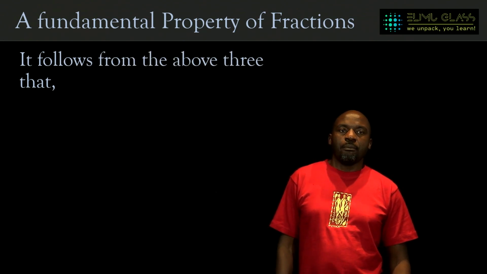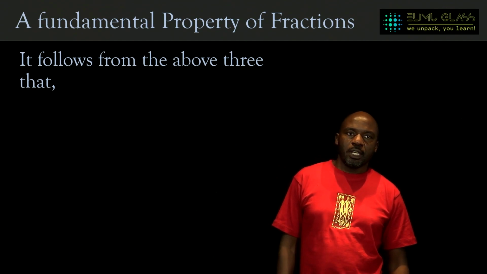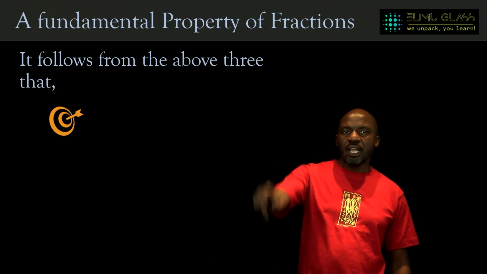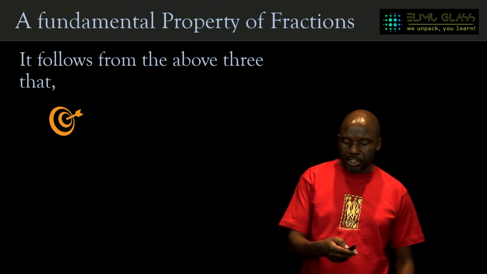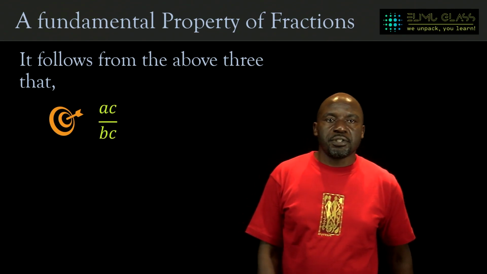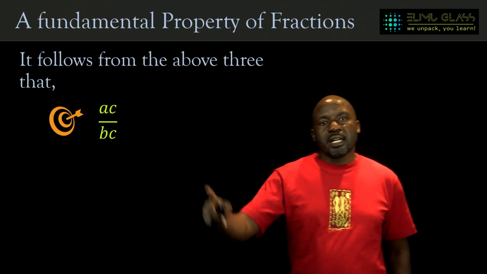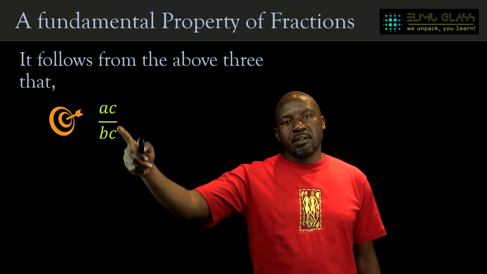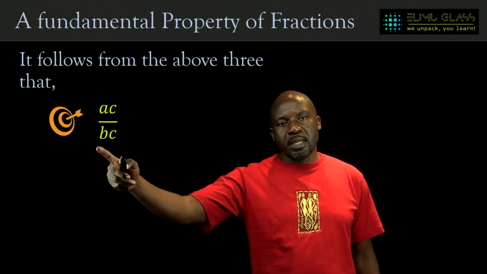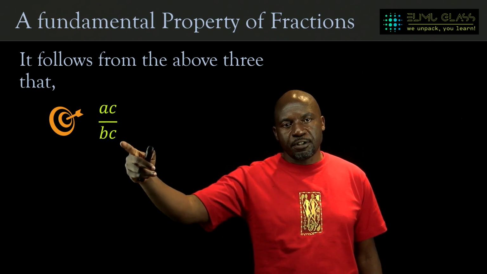Okay? Based on those 3 points that we've looked at, it follows that, and this is now the fundamental property of fractions, that if you are given a over c divided by b over c, then I can split that up so that I have a over b multiplied by c over c.